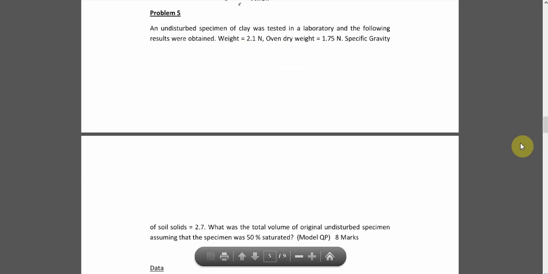Write down the next question. It is the fifth problem. An undisturbed specimen of clay was tested in a laboratory, and the following results were obtained.